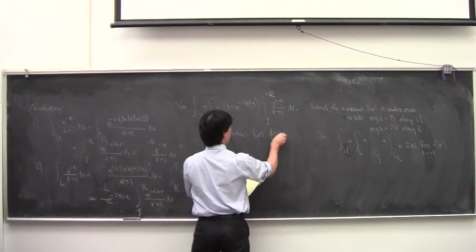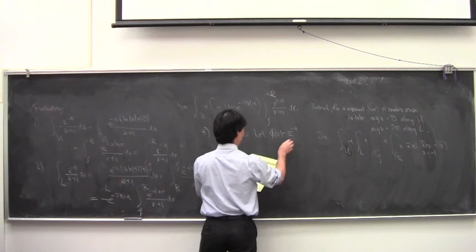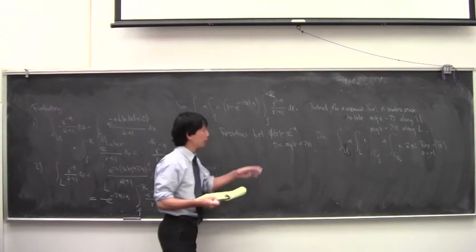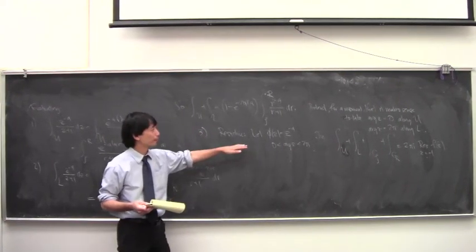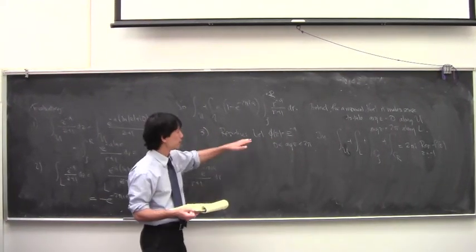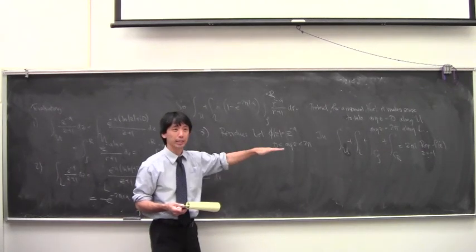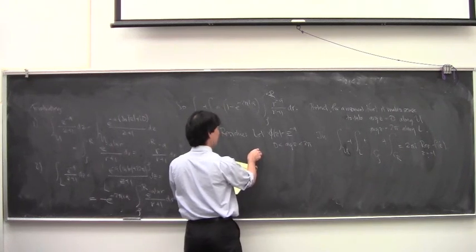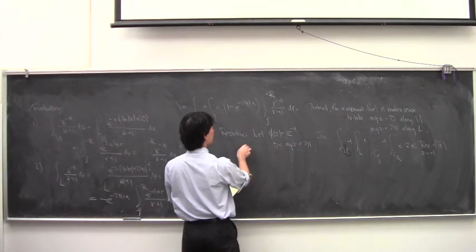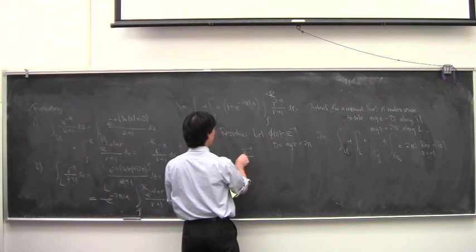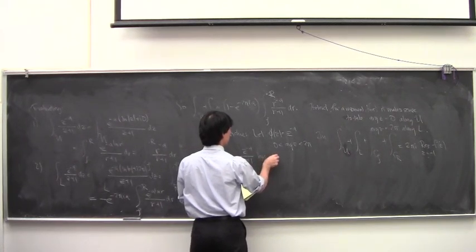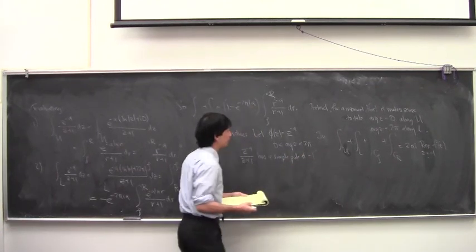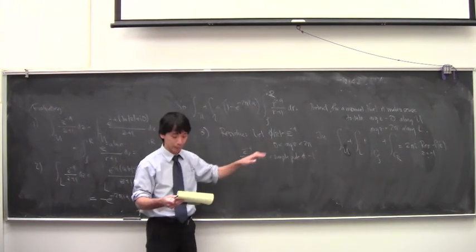Let p of z be z to the minus a over z plus 1, where we take our cut as we have. This is an analytic function excluding that cut. It has a simple pole at negative 1. So all we need to do is just evaluate this thing here.